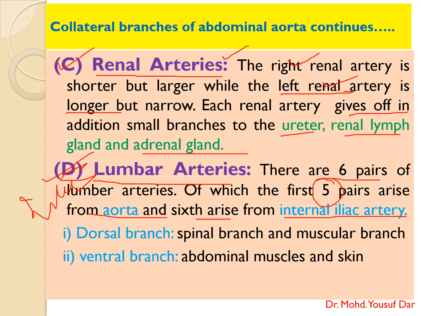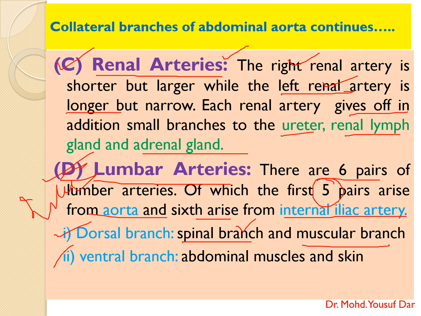So when each lumbar artery arises from the dorsal face of the abdominal aorta, it goes across the body of the lumbar vertebrae and then divides into two branches, dorsal branch and ventral branch. The dorsal branch further gives a spinal branch and a muscular branch.